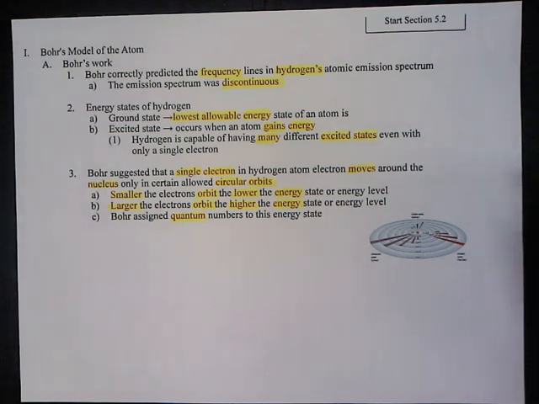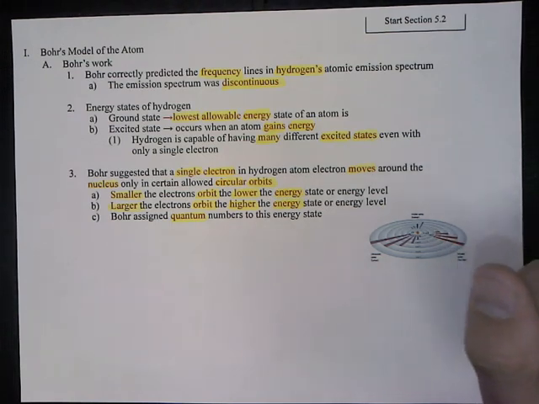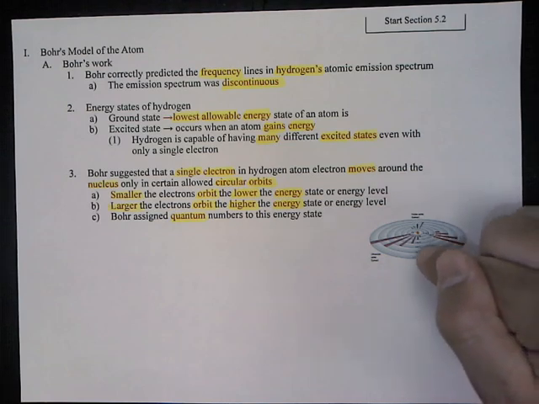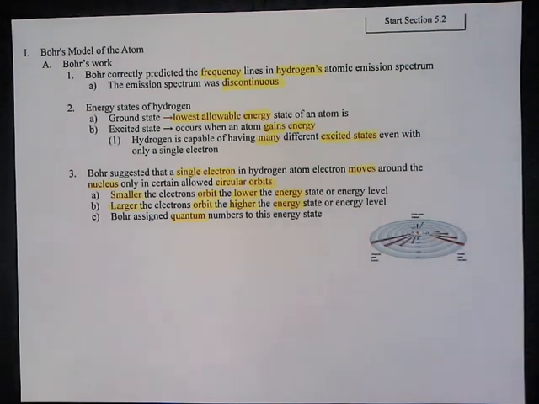That ground state says the electron is going to occupy the lowest possible energy level. Then he went one step further and utilized what Mr. Planck talked about, relating that quantized energy to the ground state of the electron that hydrogen has.